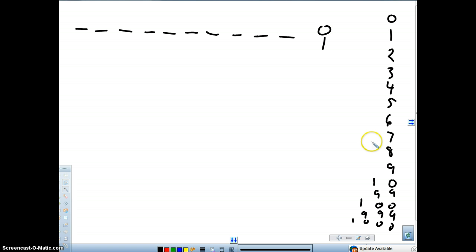So where 9 is the highest number in a 10-digit world, 1 is the highest number in a binary world. So what do you think happens every time you hit 1? Start a new column. And that's what these columns right here are.